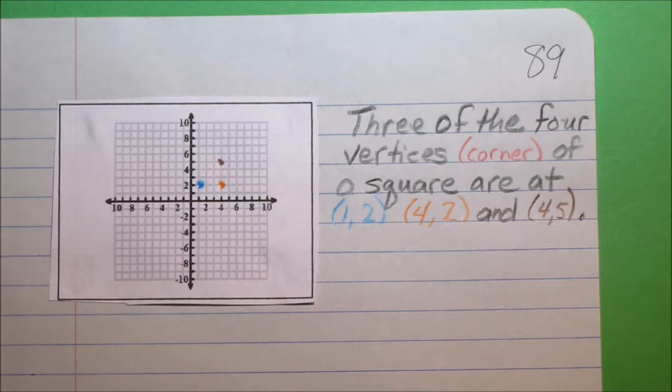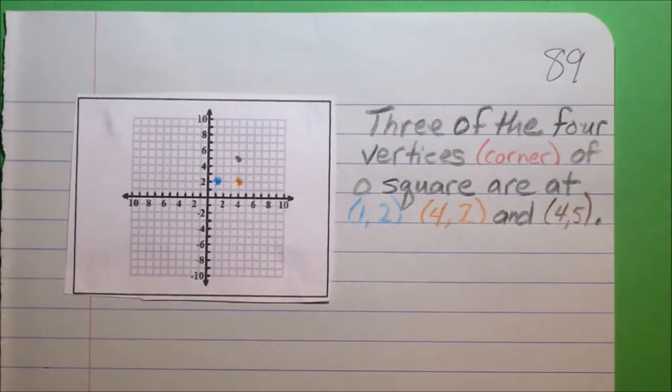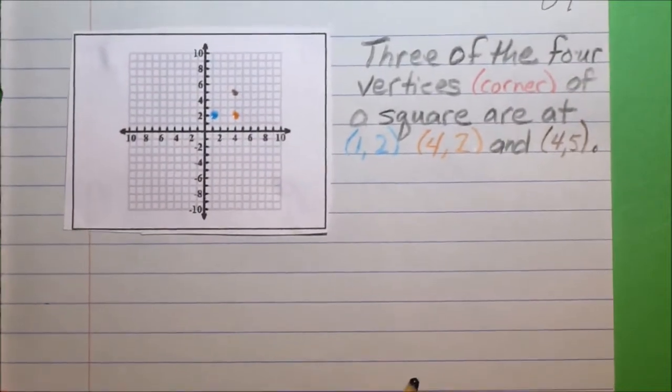So what are the coordinates of the missing vertex? The missing corner of our square. Let's write that down here. There we go.